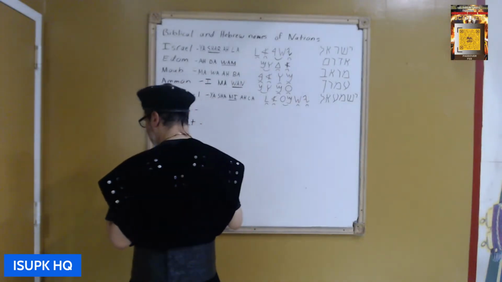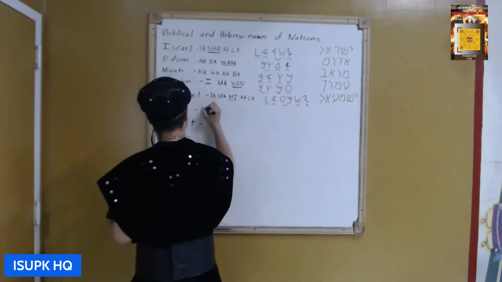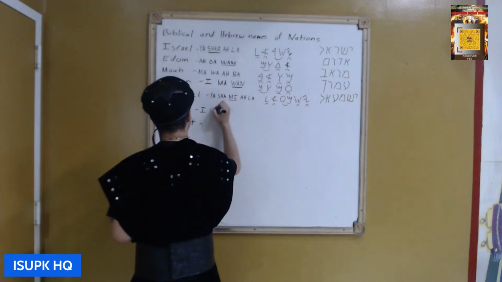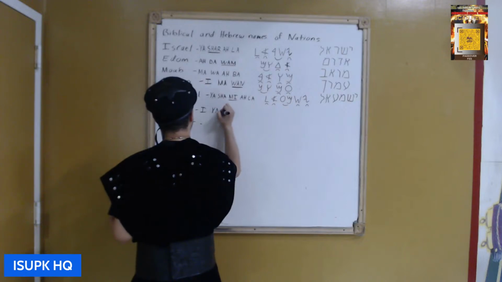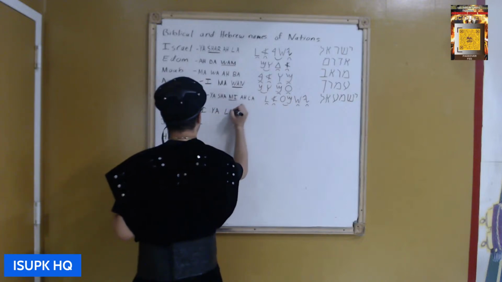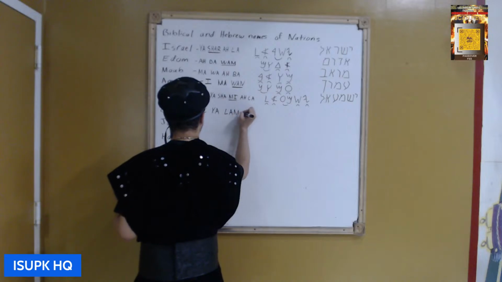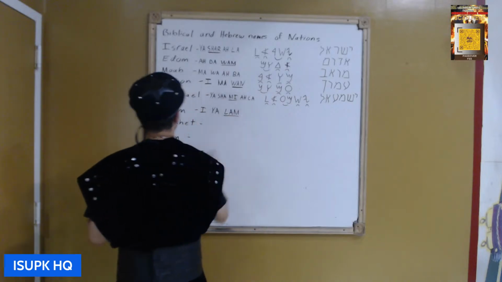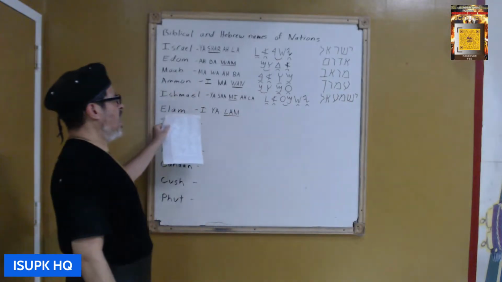Next we have Elam, which is I, Ya, Lam. And the Lam is connected. I, Ya, Lam.